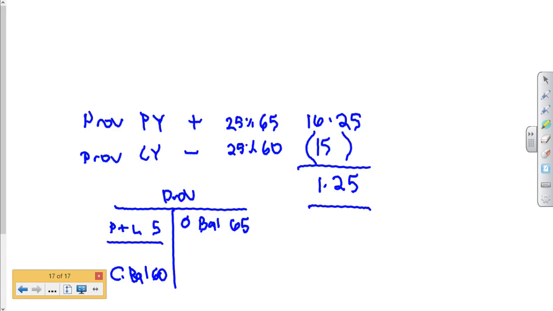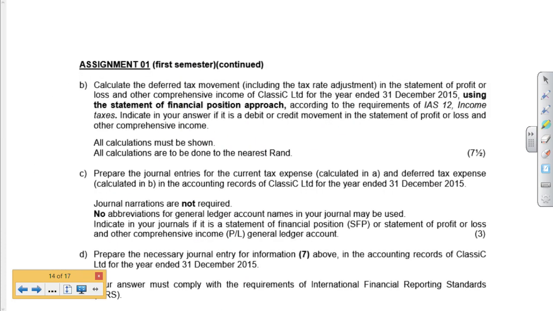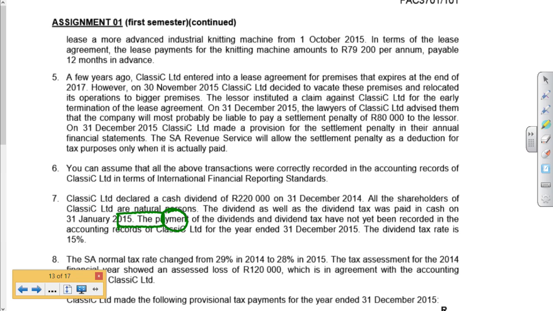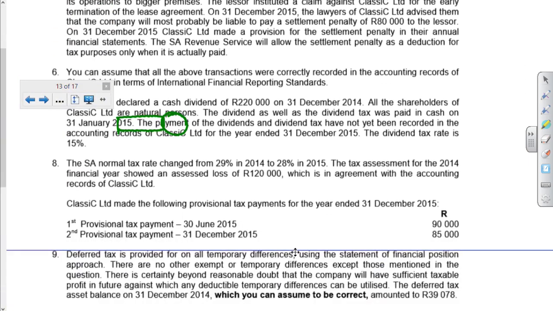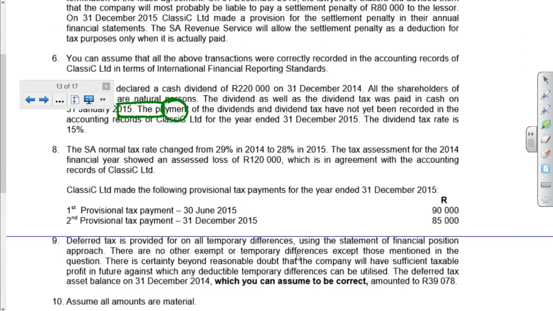So your starting point, they said to you, is to do the deferred tax movement. When we look at the question, I'm sure they're going to tell us what the deferred tax balance was at beginning of year. There's a rate change. There are a couple of things in the question that relate to deferred tax.